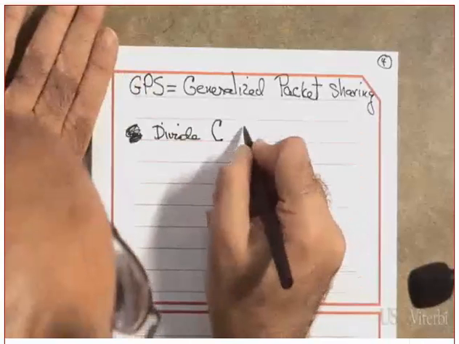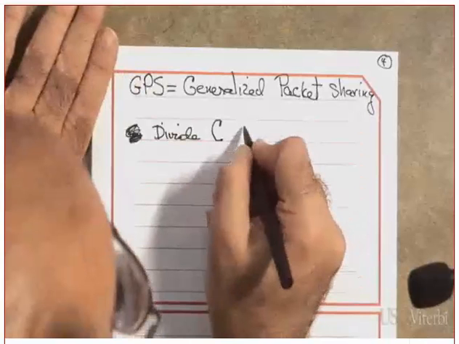Let's see if you can help me here. I want you to compare the GPS with the packet round robin, RR. Listen to me.